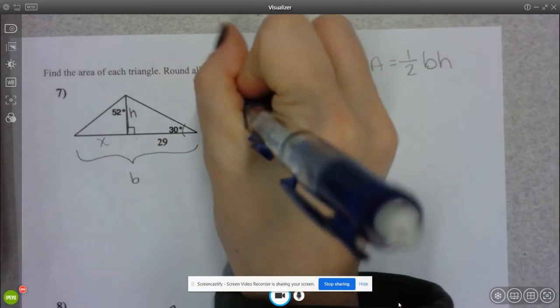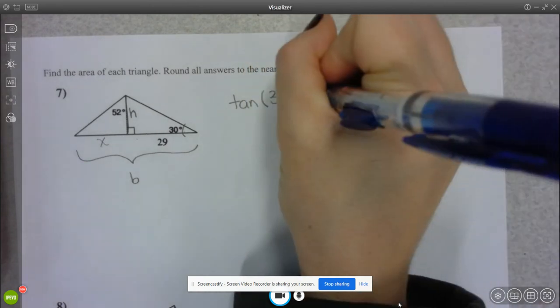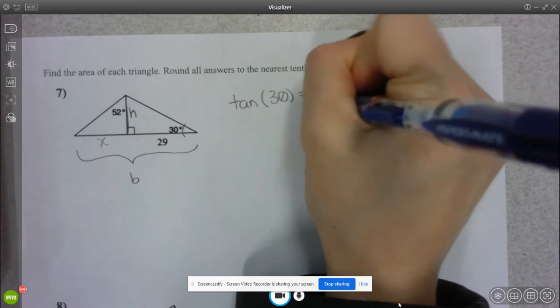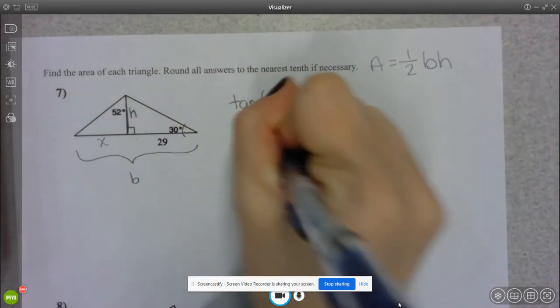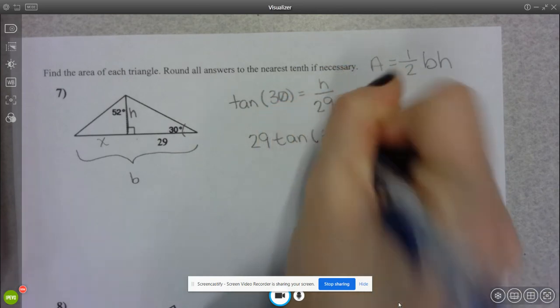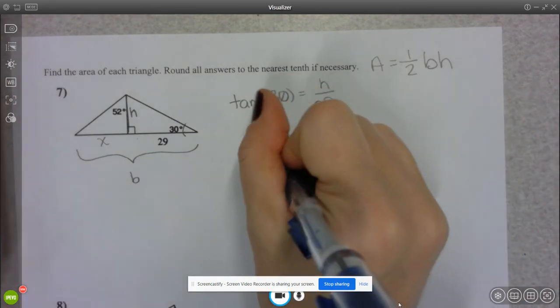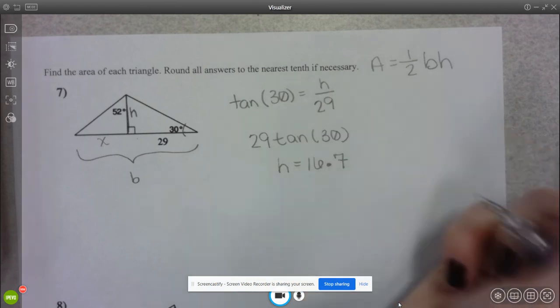So this would be tangent of 30. So in our calculator is going to go 29 tangent of 30, which gives us a height of 16.7.